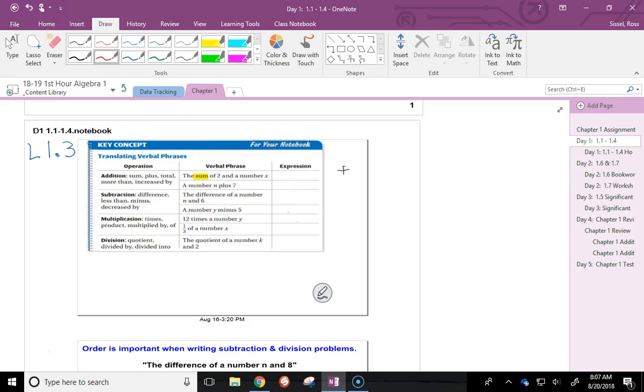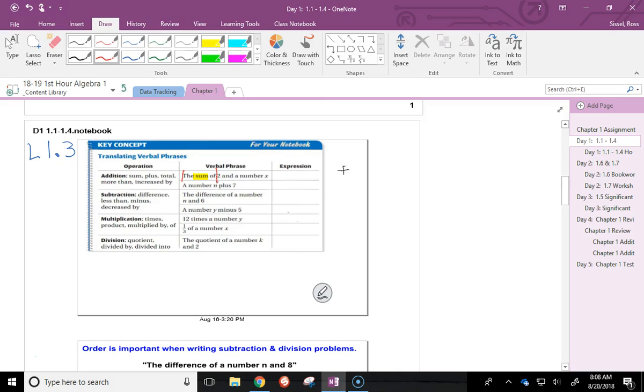And then when I see the phrase, the sum of, that's important, because you're going to see that on a lot of these, where it gives you the phrase, the blank of, the sum of, the difference of, the product of, the quotient of. When you have that phrase, you should know the next things are going to come in order. So you don't want to be switching them around.